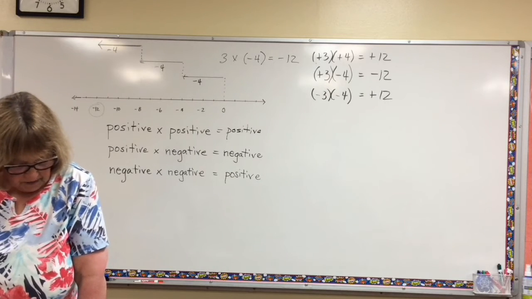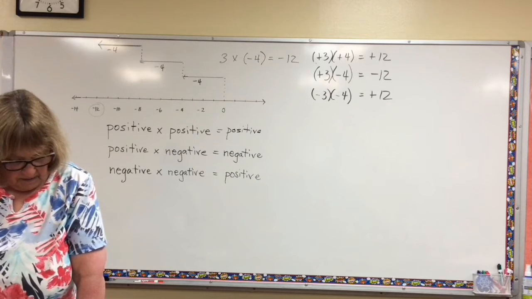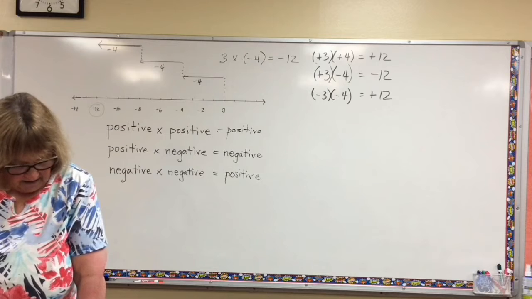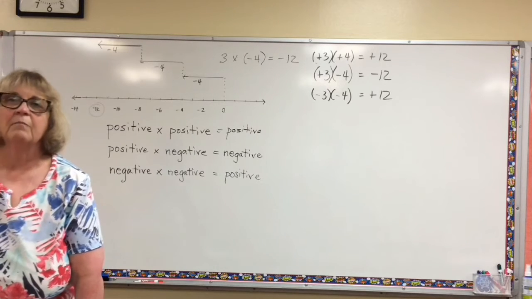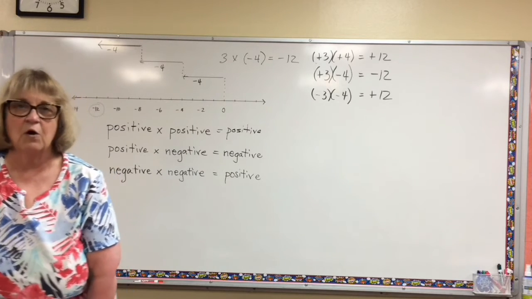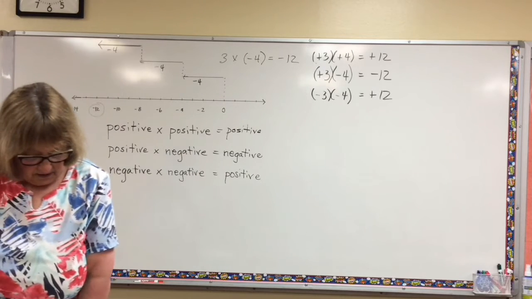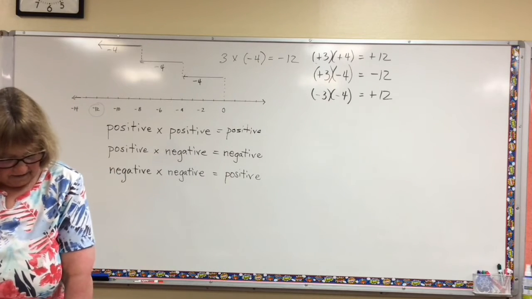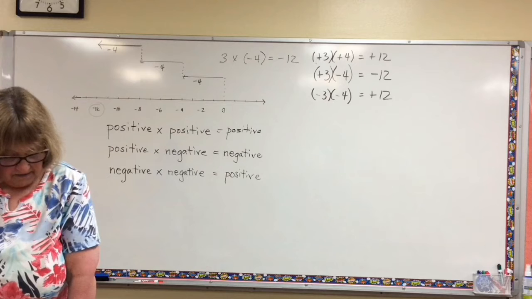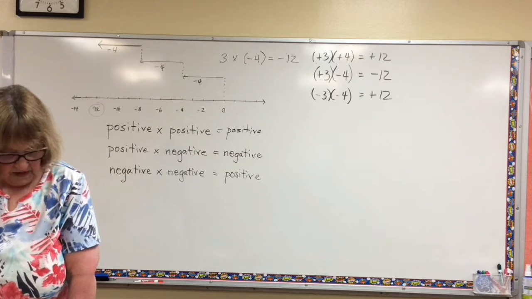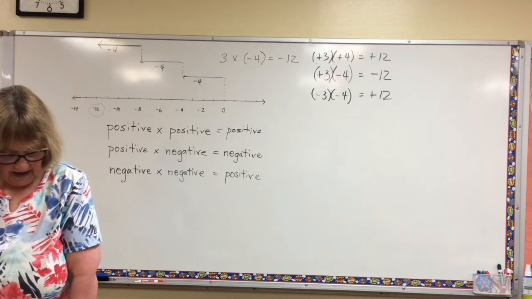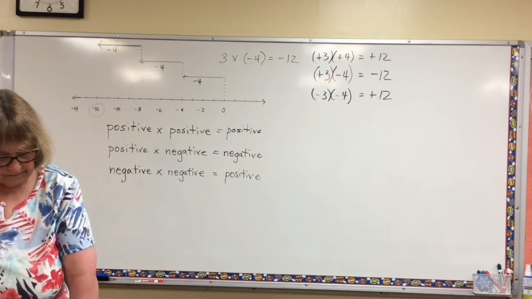Now let's go to the next one in the box. Positive 3 times negative 4 equals negative 12. A positive times a negative is always a negative. Look at the two division facts that come out of that. Negative 12 divided by 3 equals negative 4, or negative 12 divided by negative 4 is a positive 3.